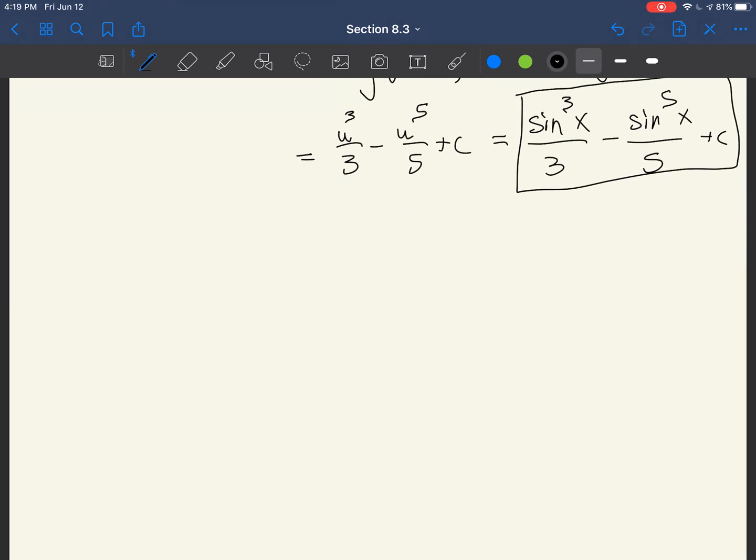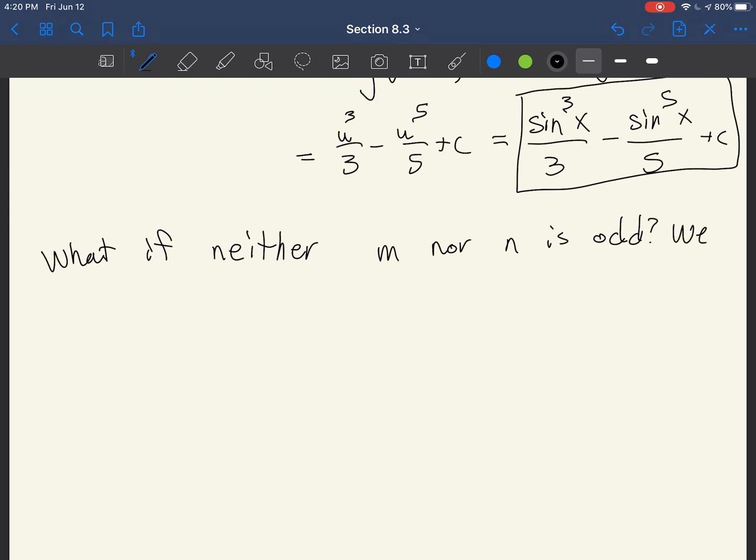Not too bad so far. So we have seen what happens if at least one of m or n are odd. But now the question arises of what if neither m nor n is odd?